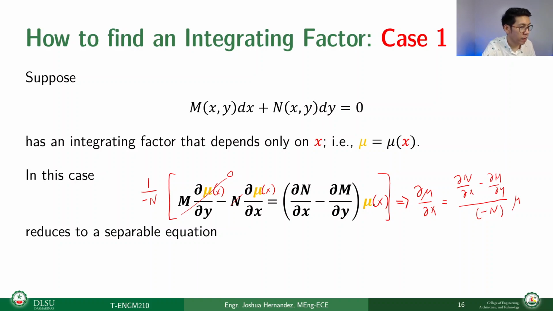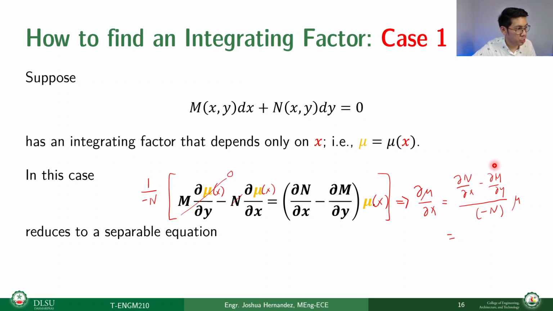Now, further simplifying, if we expand this denominator natin, at itaas natin yung negative papunta rito sa ating numerator, what will happen will actually be yung M natin, this M will be positive and this N will be negative.